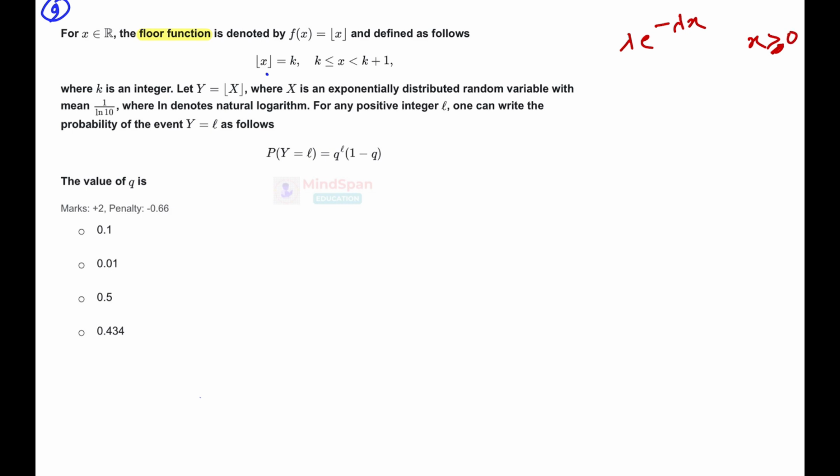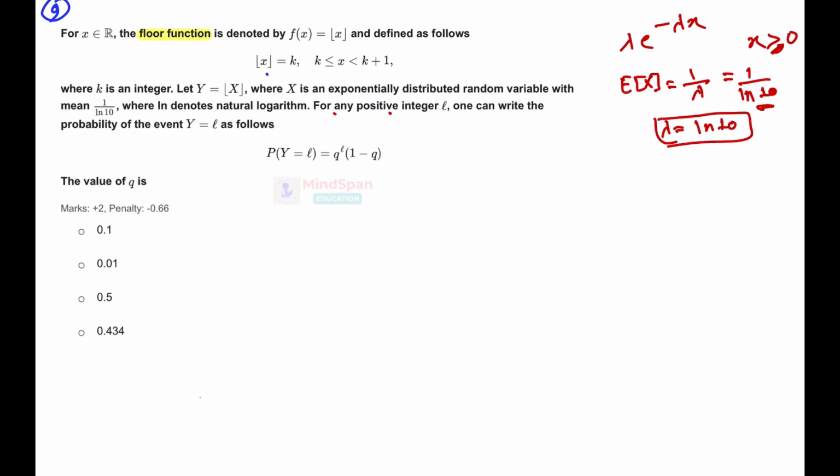So this is the PDF, and the expectation of this random variable is equal to 1 divided by lambda, and that is given as 1 upon ln 10. So from here we can say that this lambda will be ln 10, natural log 10, right?